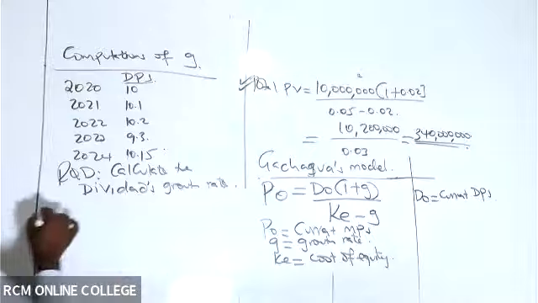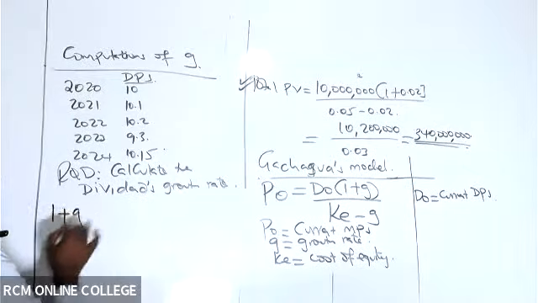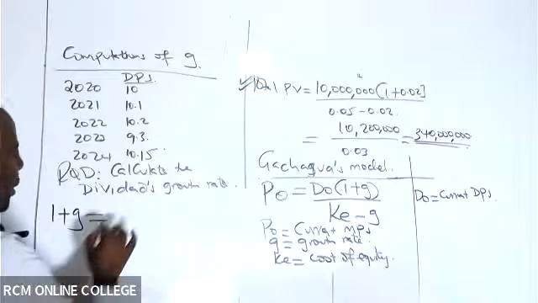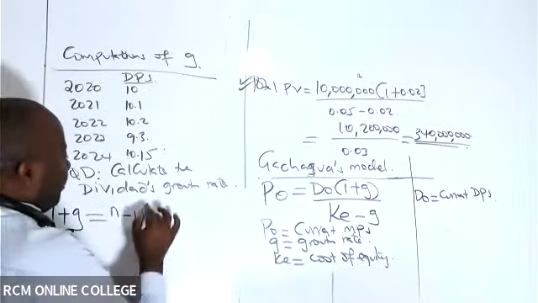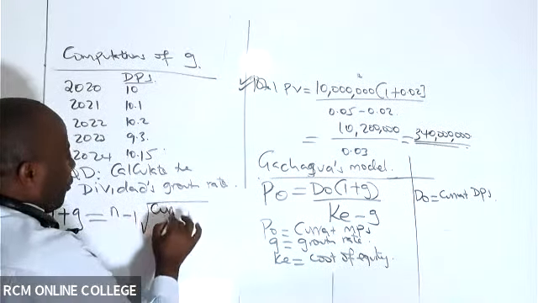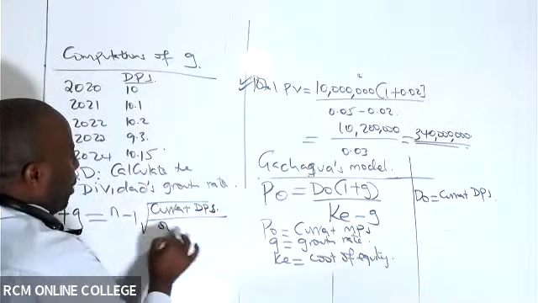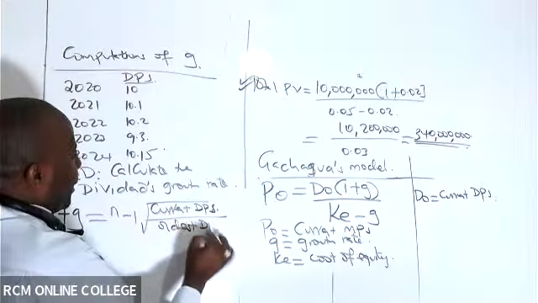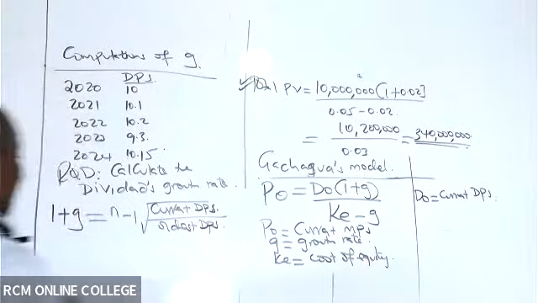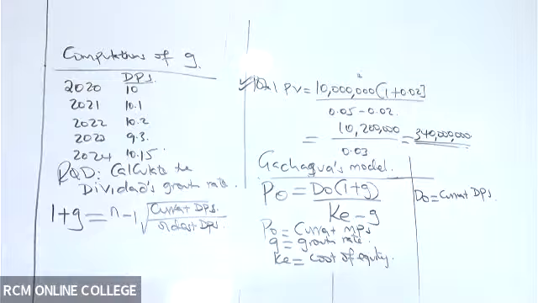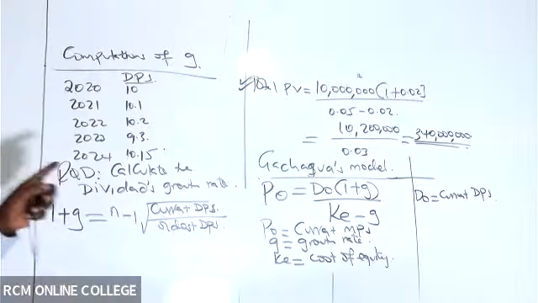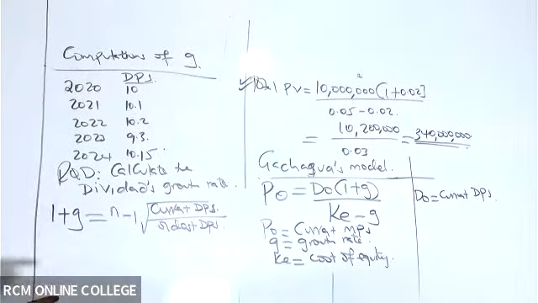What we shall do is talk of 1 plus G equals the n minus 1 root of current DPS over oldest DPS. Please, DPS stands for dividends per share. You can write that in full somewhere.